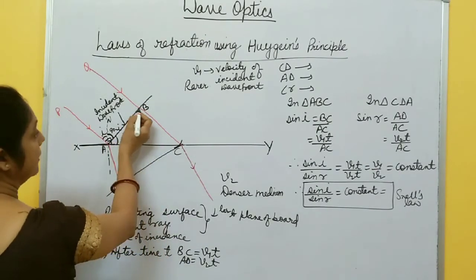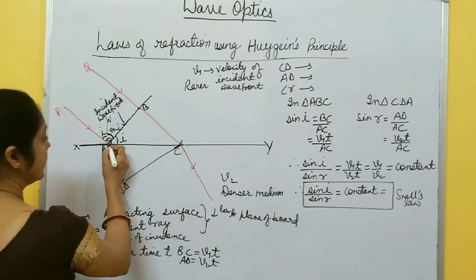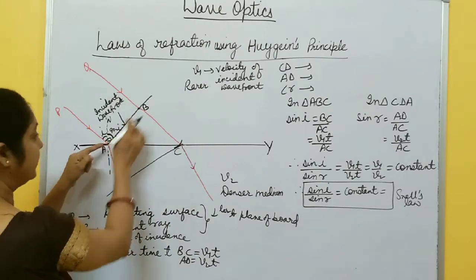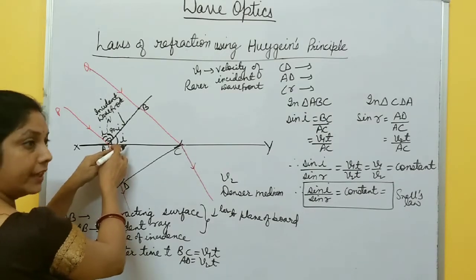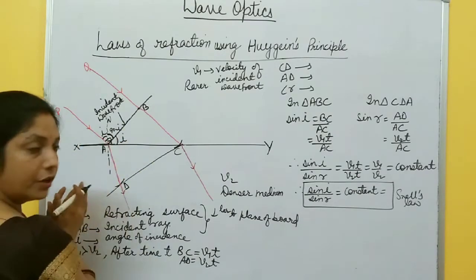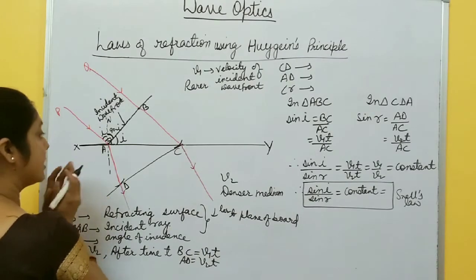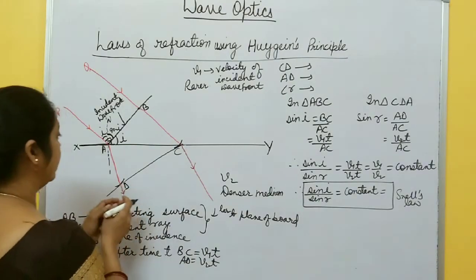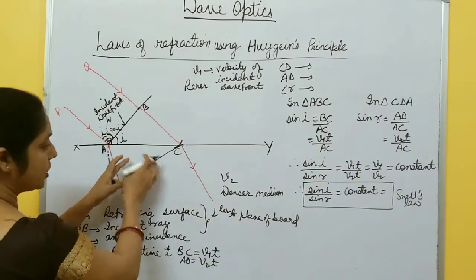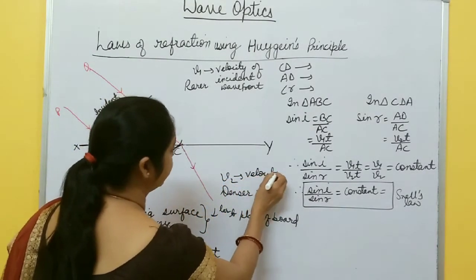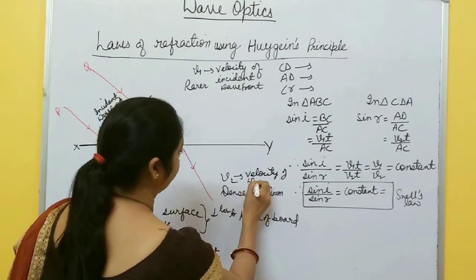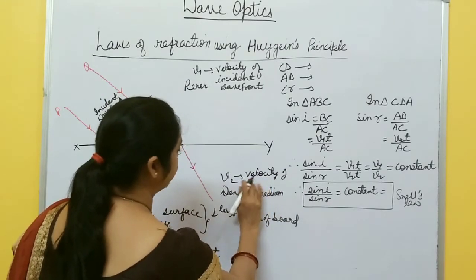So when this first point A of this wavefront strikes the refracting surface, after striking it produces disturbance in all possible directions. Suppose at any time t, and let's also suppose that v2 be the velocity of refracted wavefront, you write here, okay?